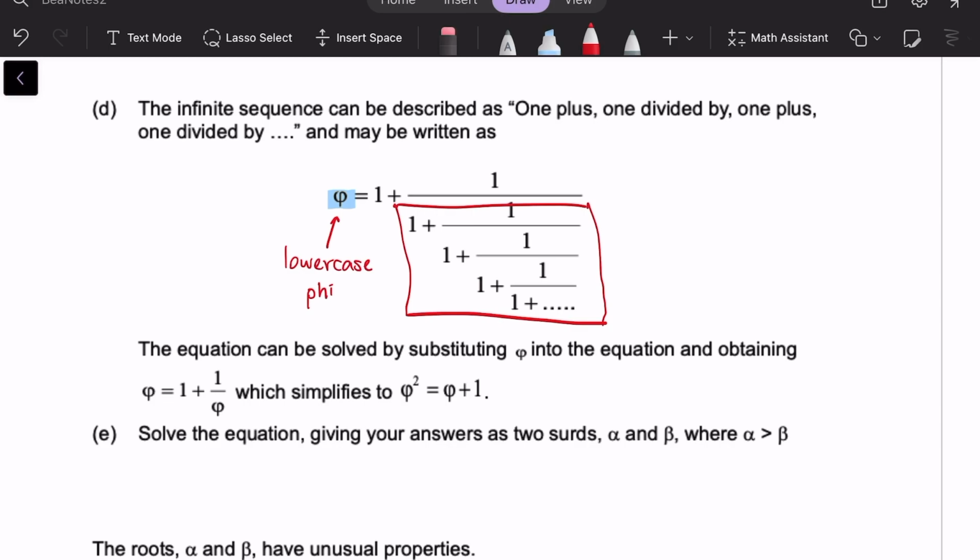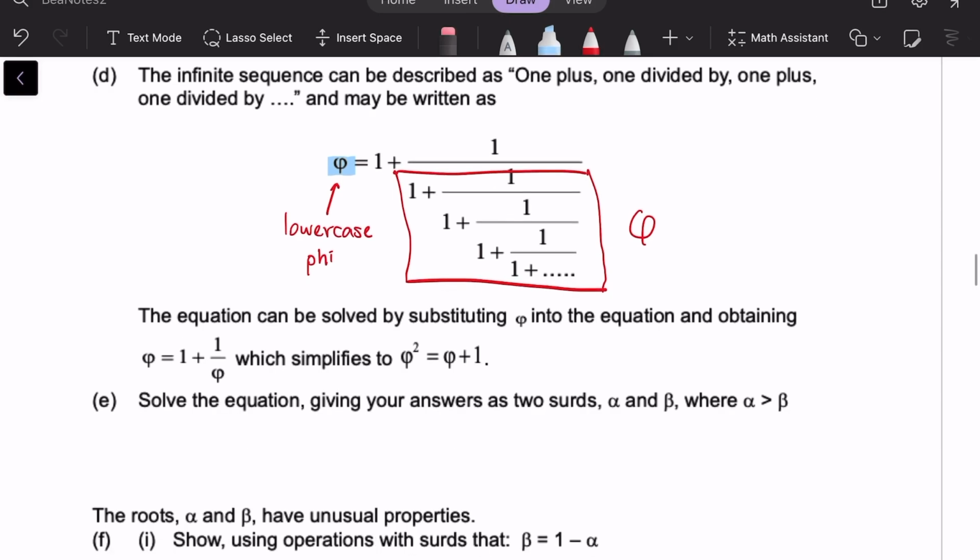So we can replace this red box with phi. And that's what they've done over here. They've replaced that bottom bit with another phi because it's another infinite sequence. It's the same thing. And then they've multiplied both sides by phi to get this new thing.